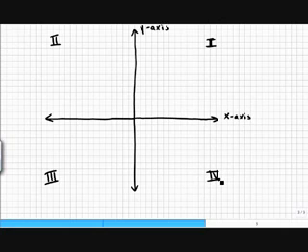Those are your 4 quadrants. And again, these two axes cross at what's called the origin. The reason we call it the origin is that an origin is a starting point, the starting of something.